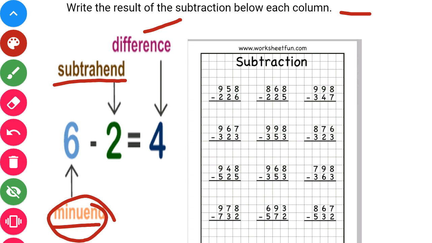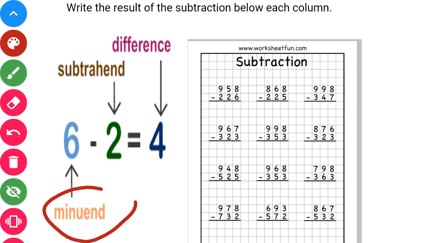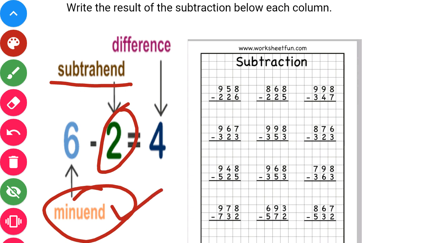In subtraction, between two numbers, the greater number is called minuend and the smaller one is called subtrahend. And the answer that we get by subtracting is called difference. So, greater number is called minuend, smaller number is called subtrahend, and the answer that we get is called difference.